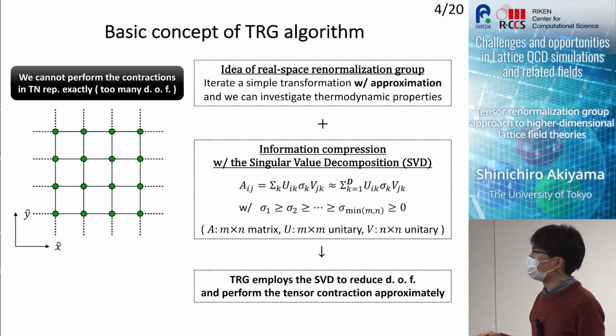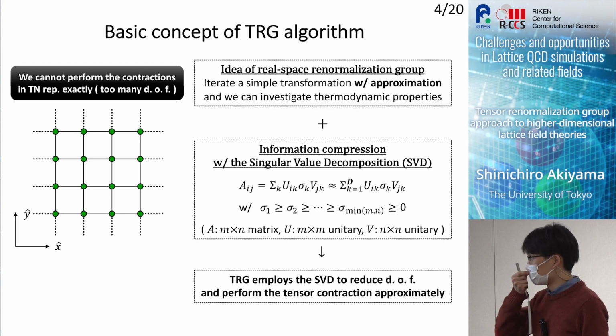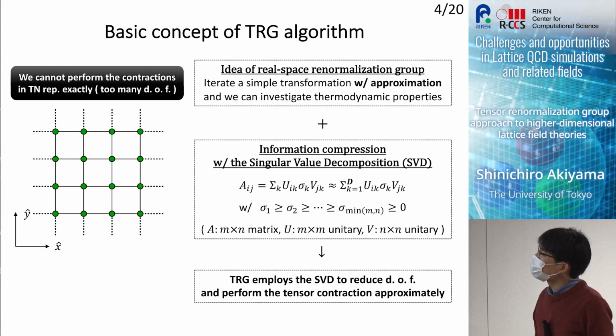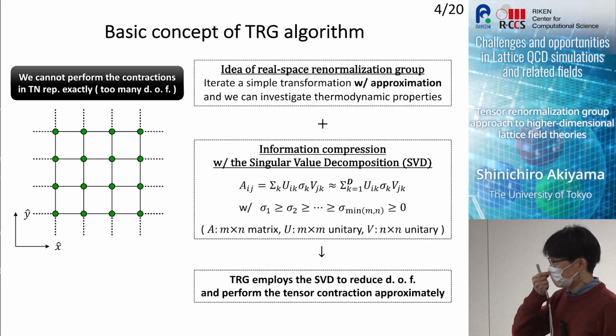and by the singular value decomposition, any M by N matrix is decomposed into the two kinds of unitary matrices, U and V, and we also have the singular values, which are denoted sigma k in this slide. And the singular values always take non-negative and real values, so we can assume this type of ordering among the singular values.